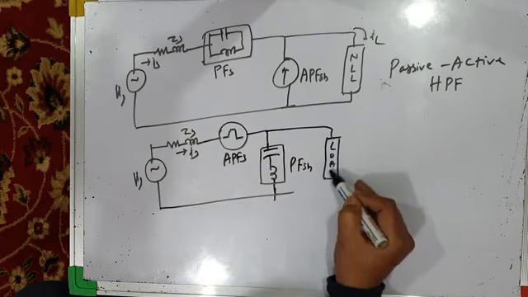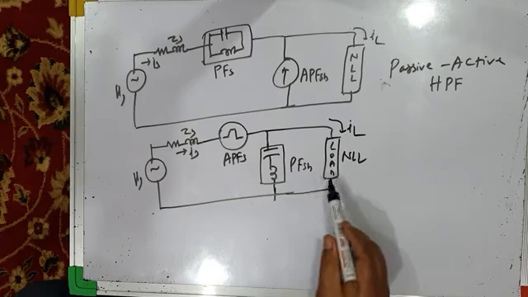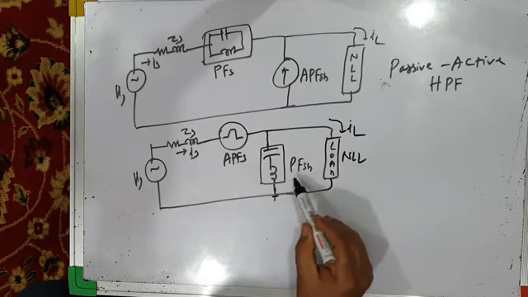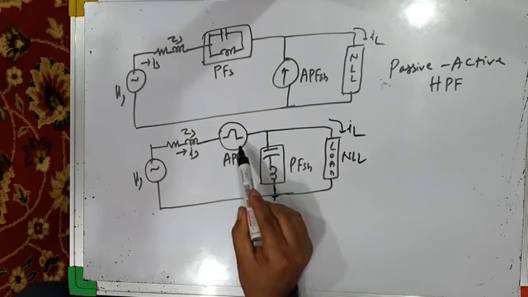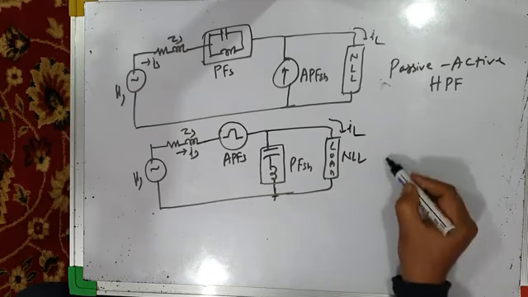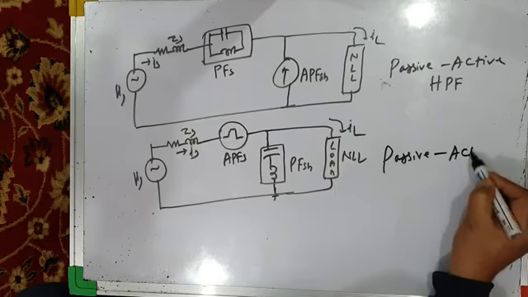This is load, of course non-linear load. So current harmonics will be taken care of by shunt passive power filter, and voltage harmonics will be compensated by series active power filter. So this is also an example of passive active HPF.